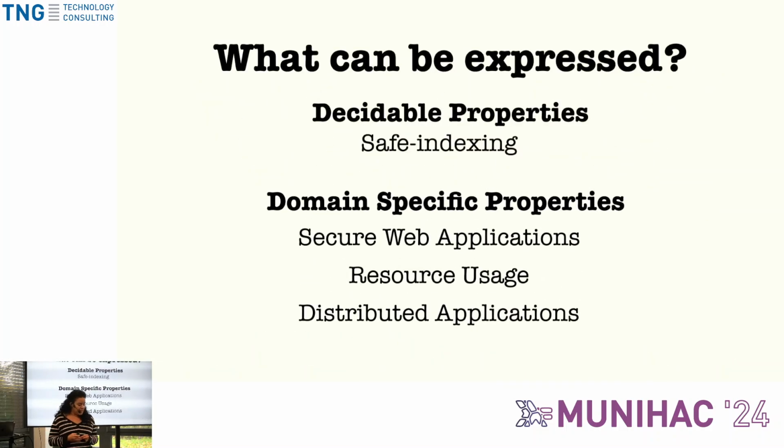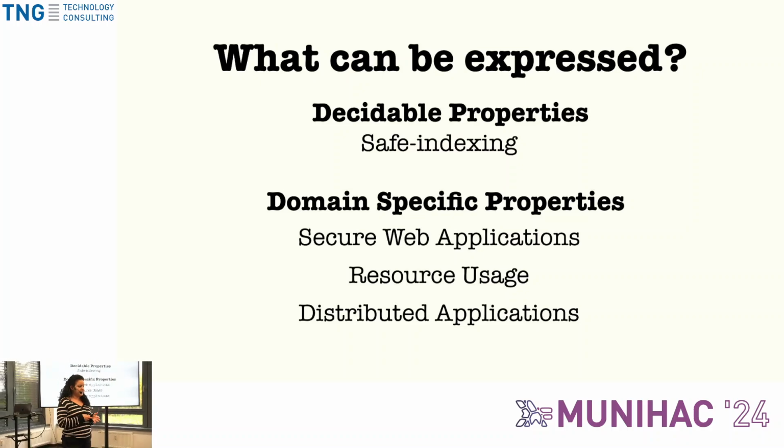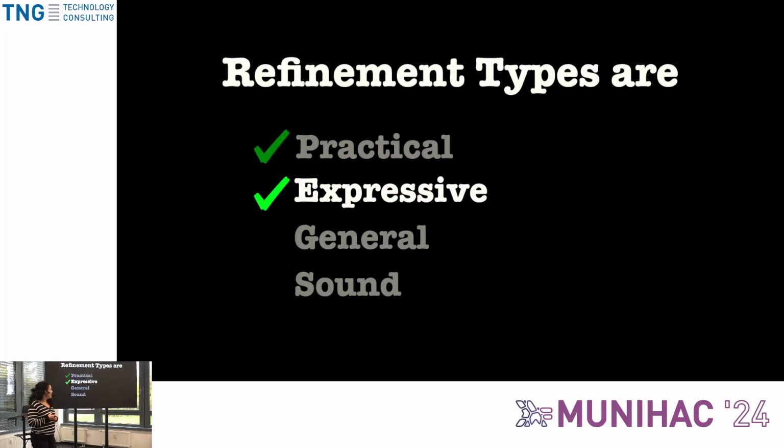But the idea is this, that if you want to use refinement types for decidable properties in the style of safe indexing, out of the box, you can use them. You can use them now in your project, and it is also possible, if you put a lot of effort, to prove more sophisticated, deep domain-specific properties. And so, given that, I can say that refinement types can be quite expressive, if you want them to be.